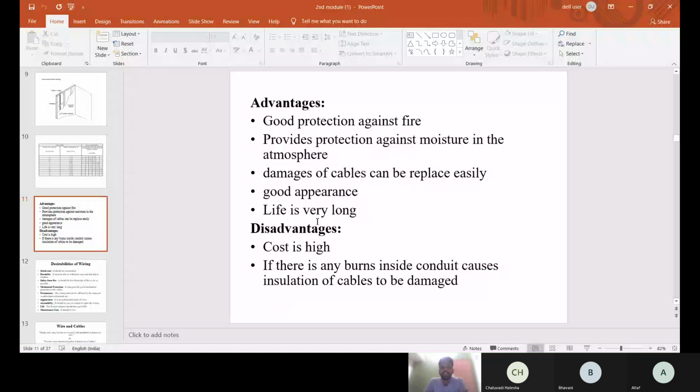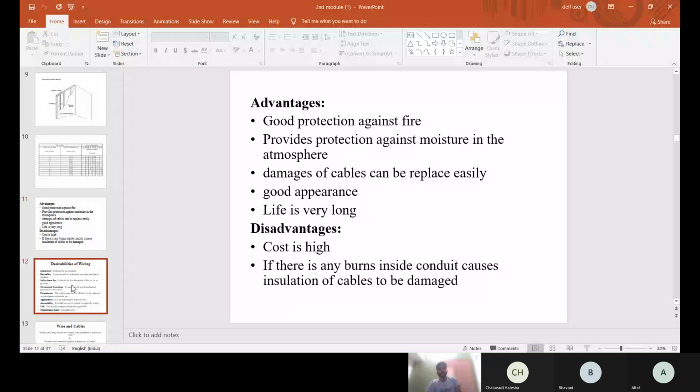Also, if there are burns inside a conduit, it causes the insulation of cables to be damaged. Inside the conduit, due to over voltage or current faults, if something happens to our insulation, it burns, and because of that some hazard may happen inside the cable. That's a disadvantage.